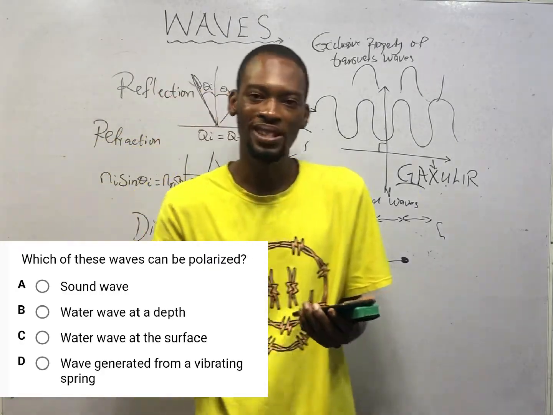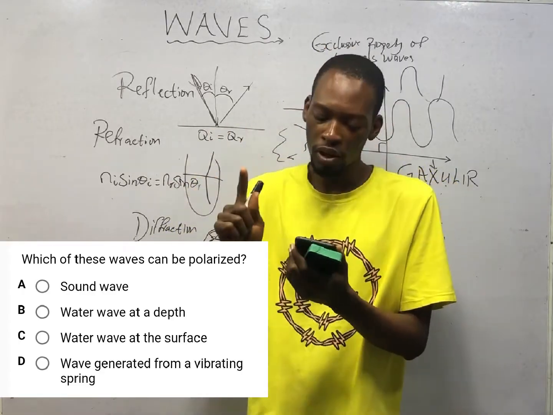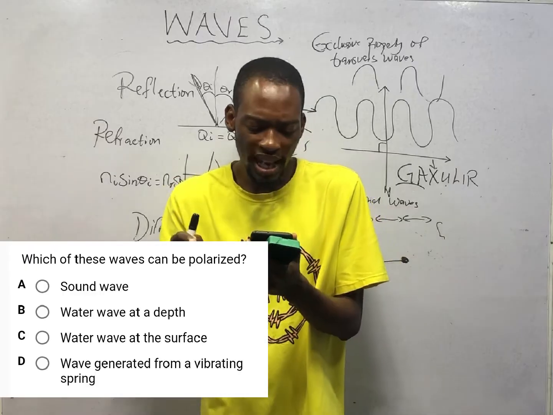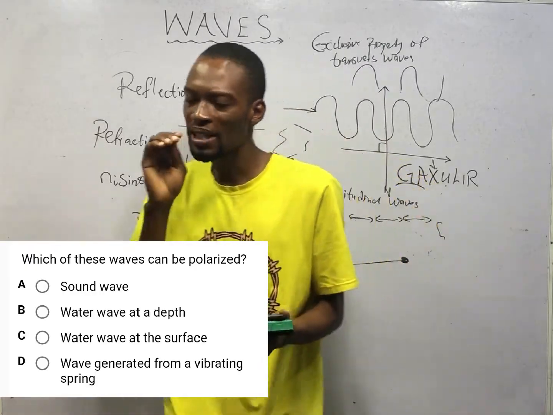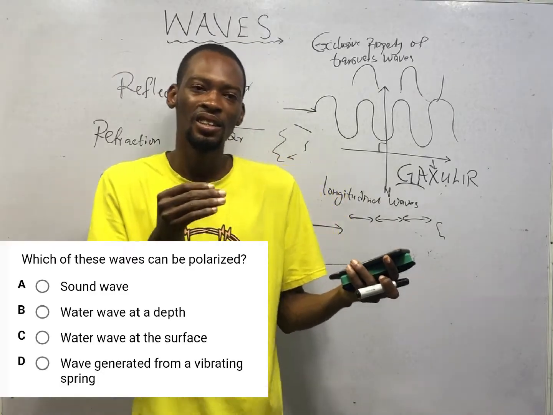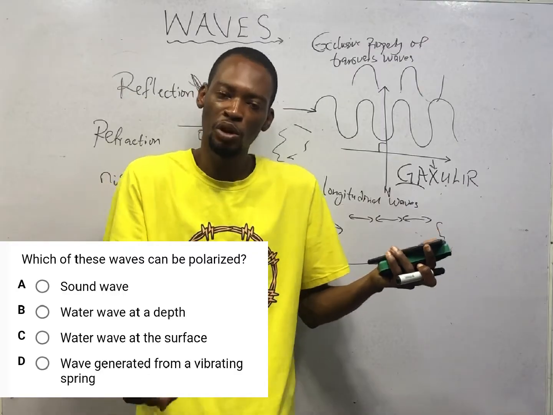So sound waves cannot be polarized because they are longitudinal waves. Two, water wave at a depth is a longitudinal wave because the particles travel parallel to the direction of the wave when the wave is at the depth of water.